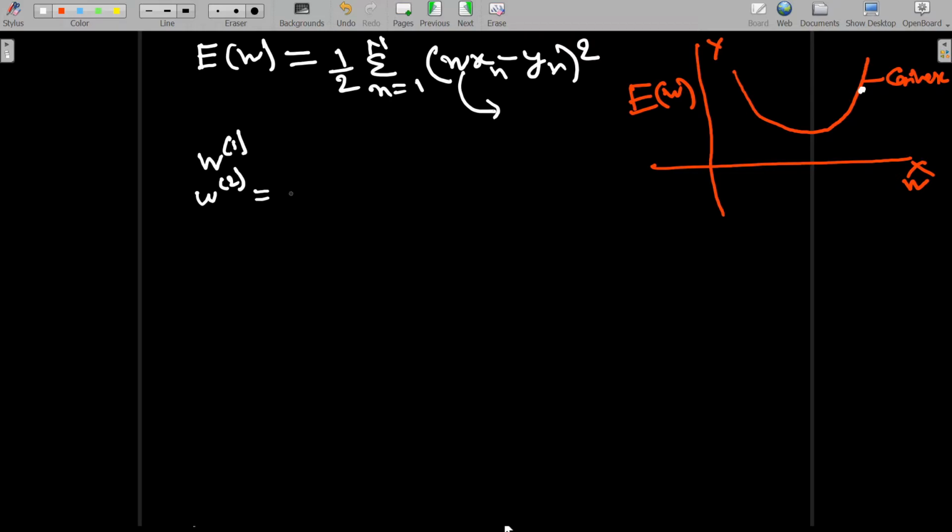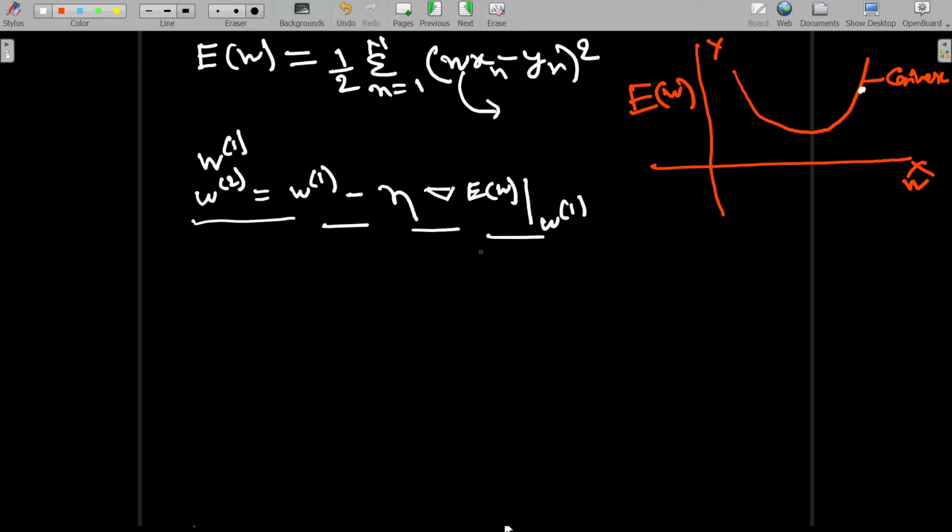Move in the negative direction of its gradient. So what is the meaning of that? The first point minus eta step in the negative direction of its gradient of the error function on point W1. So this is actually our equation to find each and every step in an iterative manner.